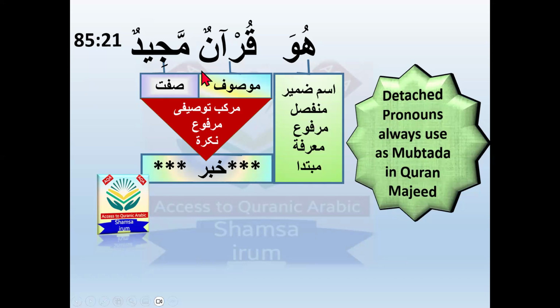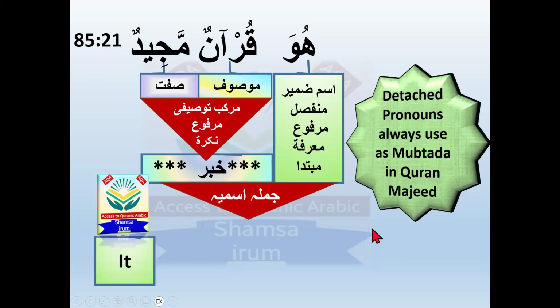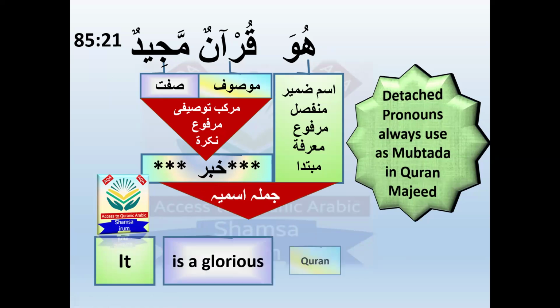In the last slide, Murakkab Tawsifi was marifa because it was in the place of the mubtada. Now here, this phrase is in the place of the khabar. Mubtada and khabar, the jumla ismiya is complete now. We will translate this full sentence starting from the mubtada. The mubtada is huwa, meaning it: Quranun Majidun, it is a glorious Quran.